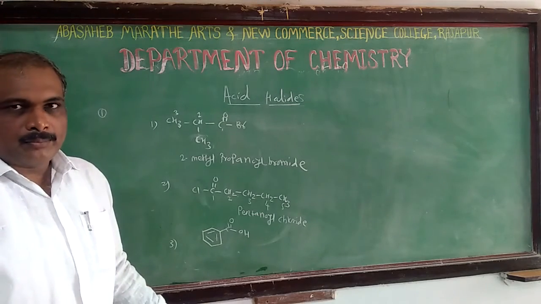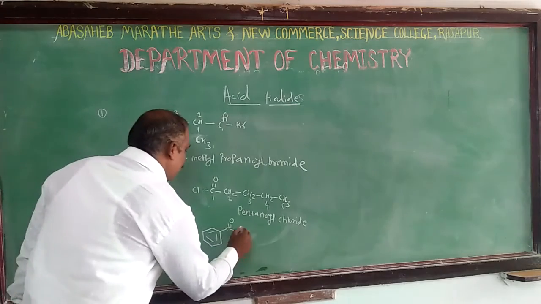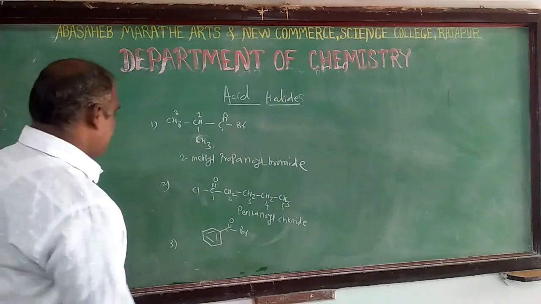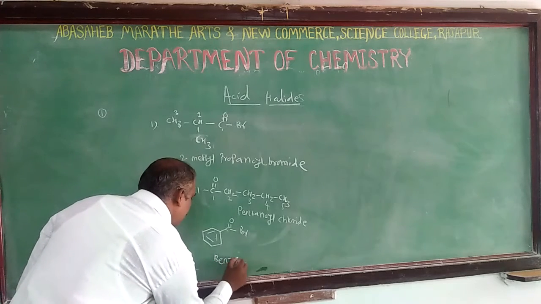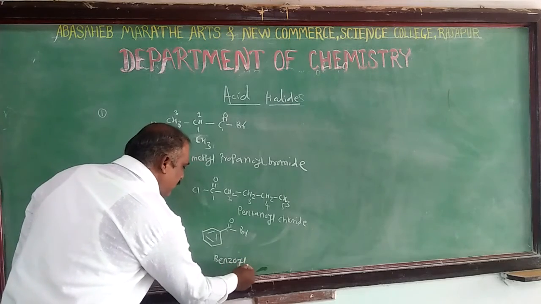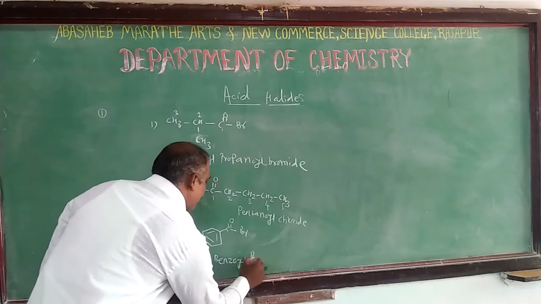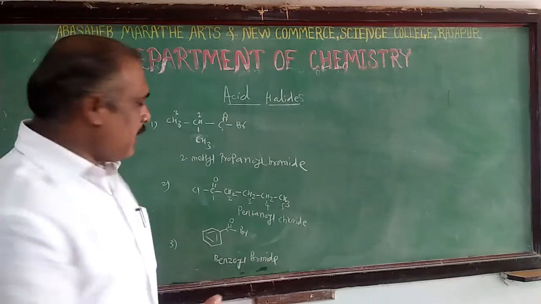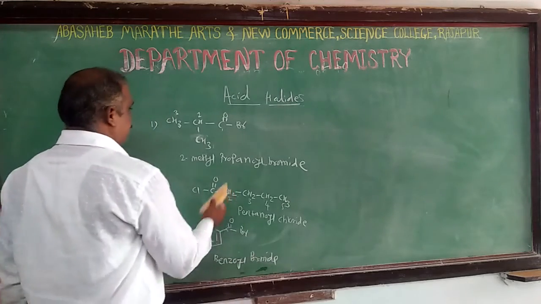Benzoic acid, and hence the name for this structure is benzoic acid, IC replaced by YL. So benzoyl bromide. Benzoyl bromide. This is the IUPAC nomenclature of this molecule.